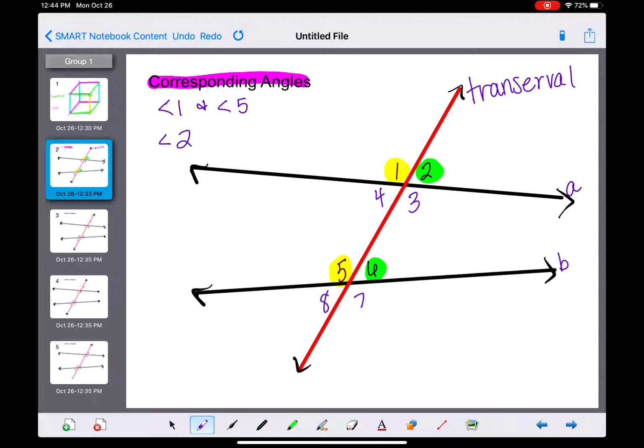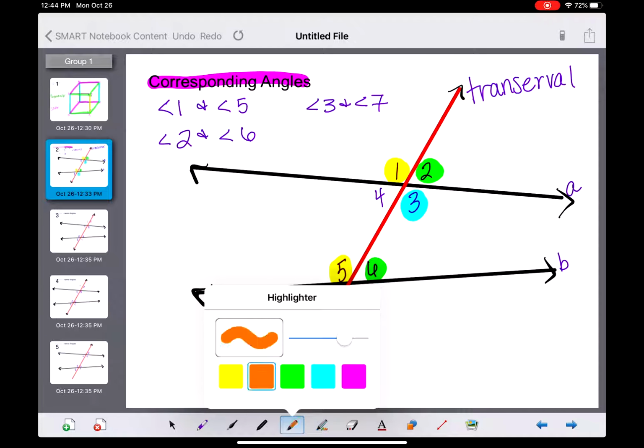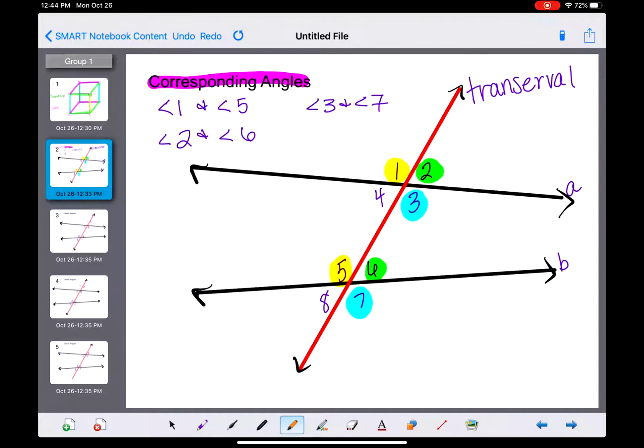Angle 2 and angle 6 are corresponding angles. In the lower right-hand corner is angle 3 for line A. For line B, the lower right-hand corner is angle 7. Angle 3 and angle 7 are corresponding angles. And then our last pair of corresponding angles are in the lower left-hand corner. So on line A, 4 is in the lower left hand, and for line B, 8 is in the lower left hand. Angle 4 and angle 8 are corresponding angles.